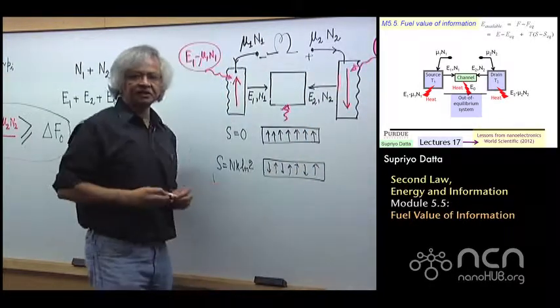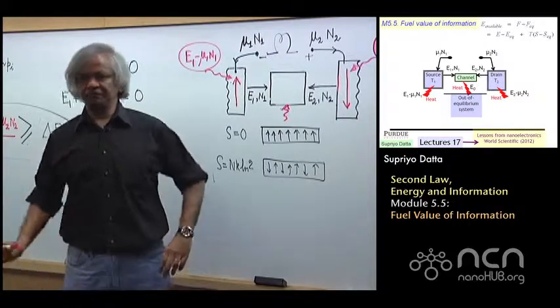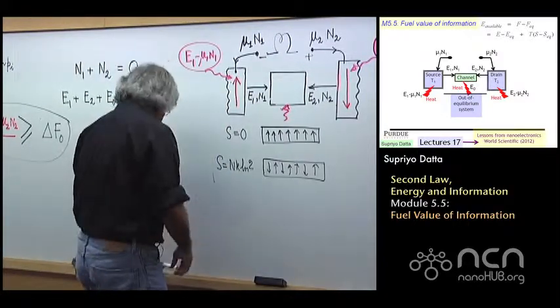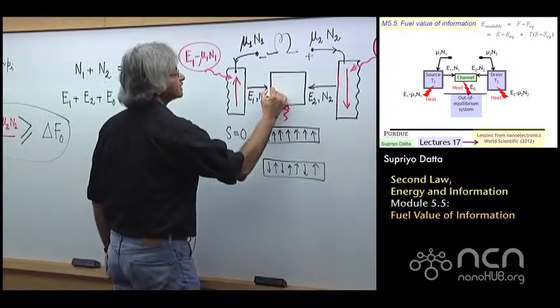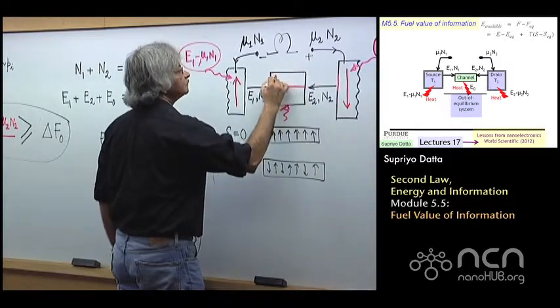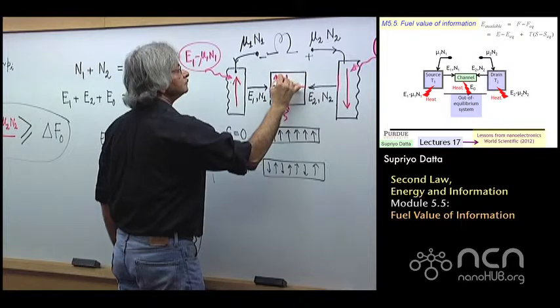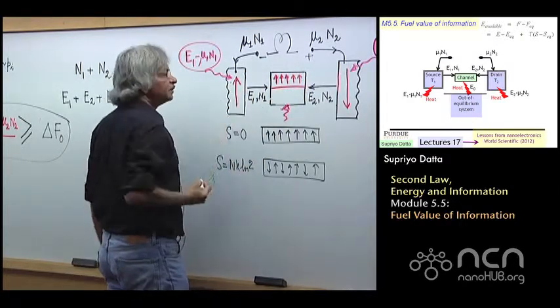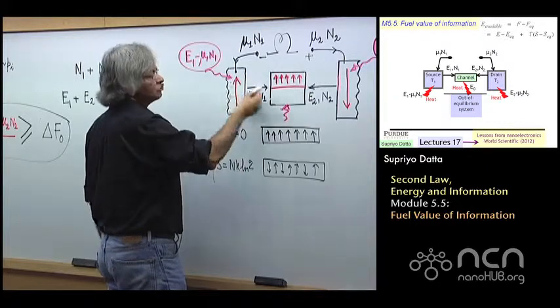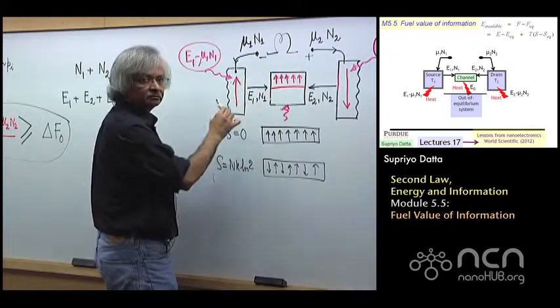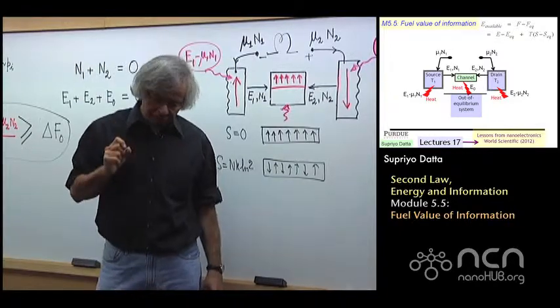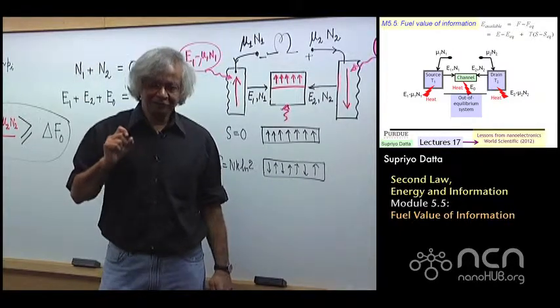And for this discussion, let's assume we have a perfect spin valve. What that means is that from this magnet, you can have spins come in. All up spins come in that direction, but no down spins can come in or get out. Usually what happens is magnets have some non-zero efficiency.